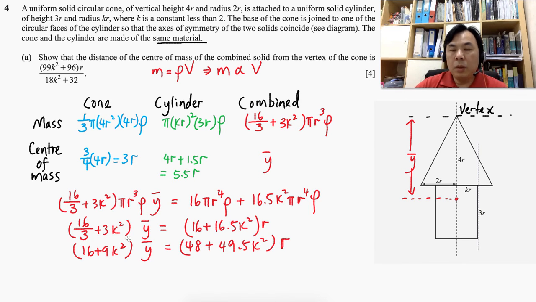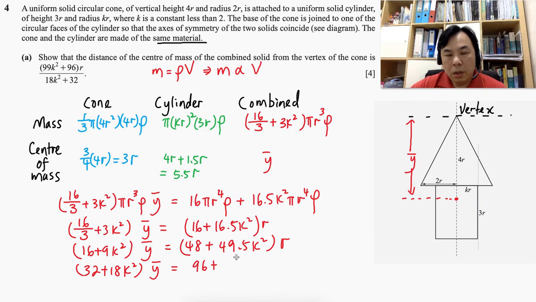Right, now if you want to turn everything to an integer number instead of a decimal, you can multiply by 2. Okay, so that will be 32, 18k square, and then that will be 96, and then this one will be 99k square r.